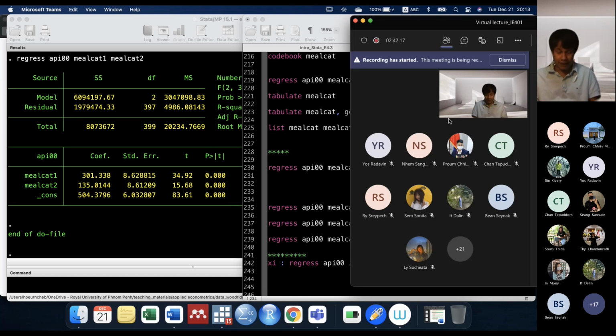Does anyone have any questions you want to clarify? Or am I too fast? I go a little bit fast because you guys are already familiar with multiple linear regressions. It takes a minute or 2 minutes to have a look.